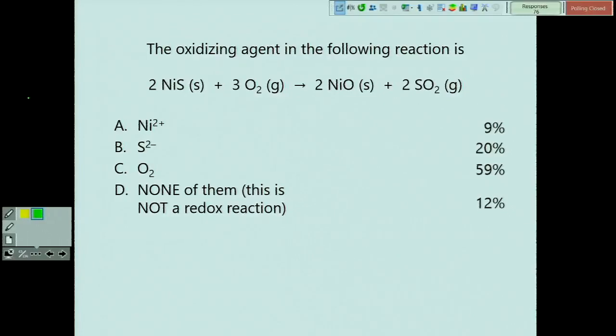Sulfide, not sulfur, but sulfide, was oxidized to sulfur dioxide. Okay? If you follow the oxidation numbers, you can see it. So again, if you see elemental oxygen in a reaction, it's the oxidizing agent. That's it. You can take that one to the bank.